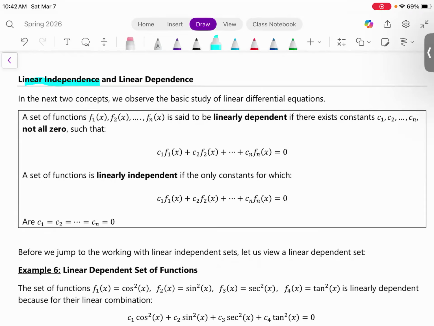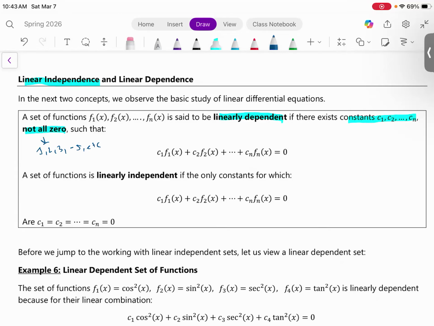So what is linearly dependent? If we have a bunch of functions, like f1, f2, all the way up to fn, they're said to be linearly dependent if there exist constants c1, c2, up to cn that aren't all zero, like one, two, three, or one, two, negative five, etc., such that the linear combination of these functions with their constants equals zero.